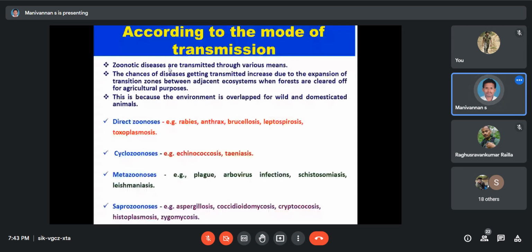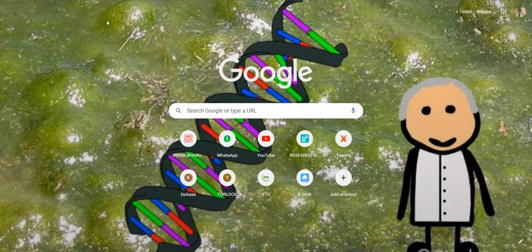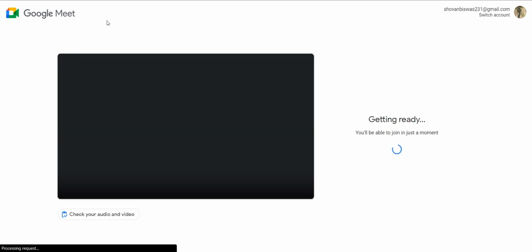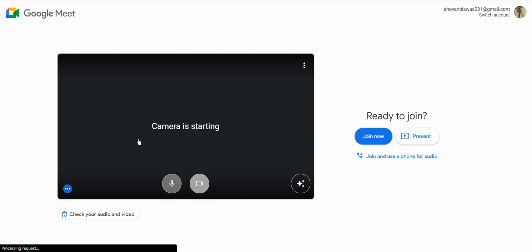The bacteria. Based on staining, bacteria are classified into two types, gram-positive bacteria and gram-negative bacteria.